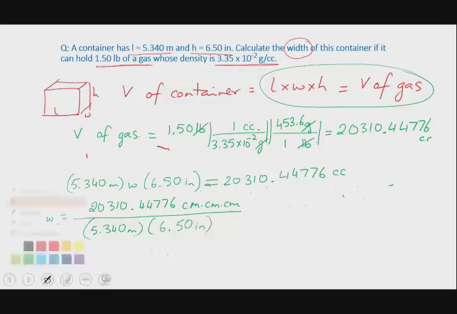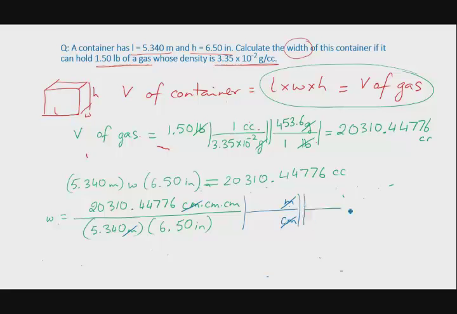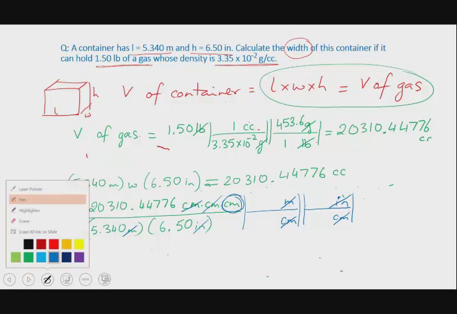Problem here at the moment is that we can't cancel anything, so we need to do some conversions. First conversion is to convert meters to centimeters. The meters cross out, one of the centimeters crosses out as well. The other conversion is to convert inches into centimeters, so that inch crosses out, centimeter crosses out, leaving behind only a one-dimensional property, in this case length.